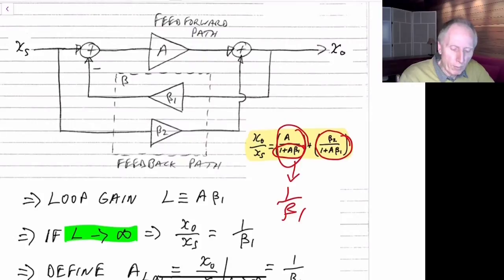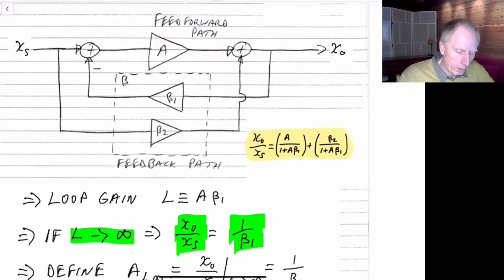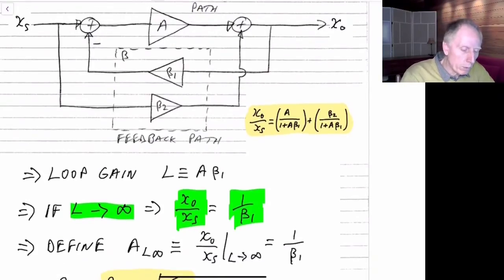A beta 1 is becoming very, very large, so this term here goes to 0. So as L goes to infinity, this reduces to 1 over beta 1. So what we have is that as L goes to infinity, the transfer function here is just 1 over beta 1. So let's define a new parameter.